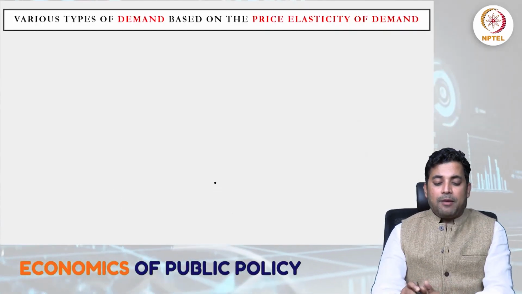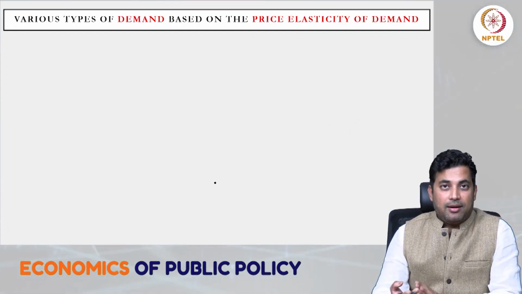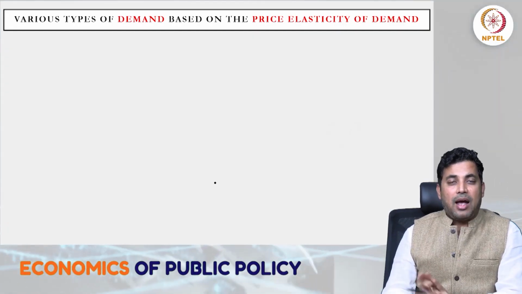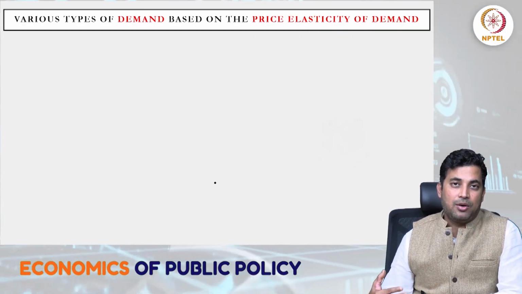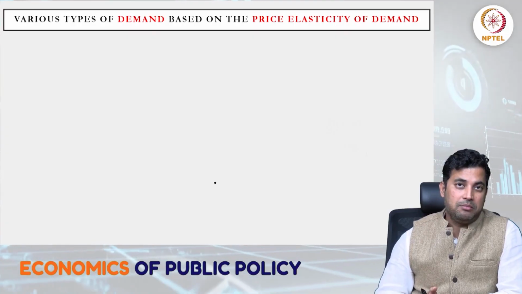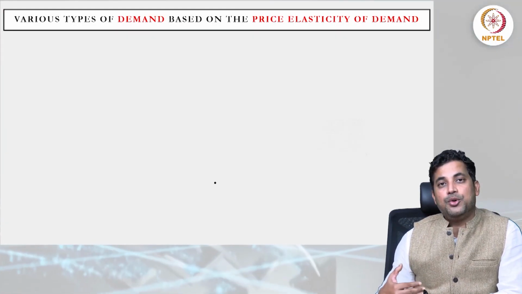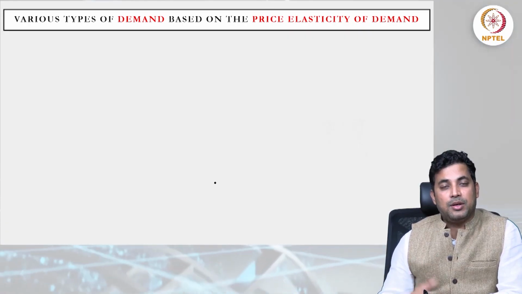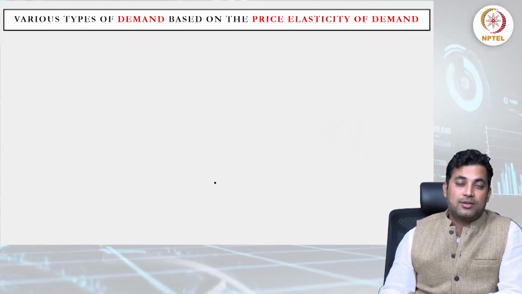So now there are various types of demand based on price elasticities that we can imagine, and it depends on the various types of commodities. It could be based on the consumer's taste and preferences, or due to external shocks, or government policies on taxes or subsidies.